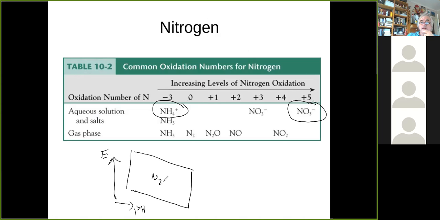Then we would have nitrogen gas here in the center, somewhere up here nitrate ion, and somewhere down here ammonium ions and ammonia.